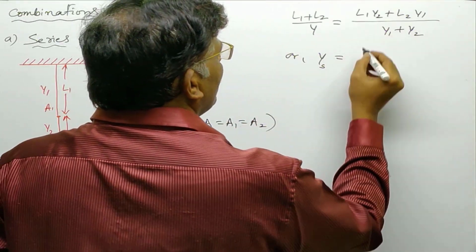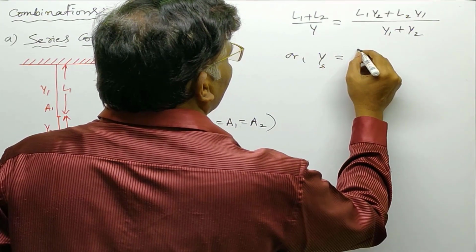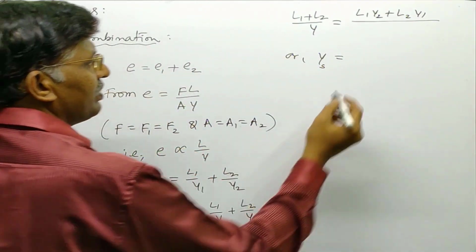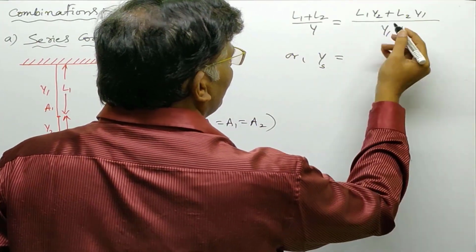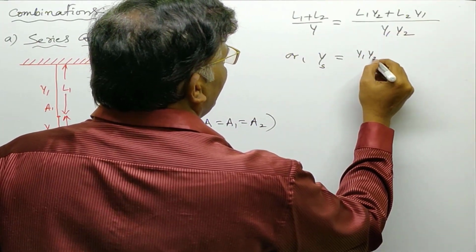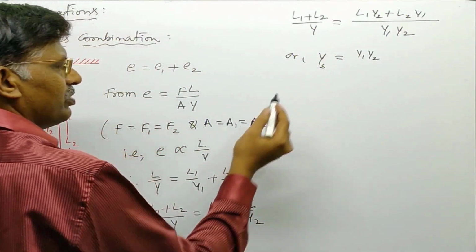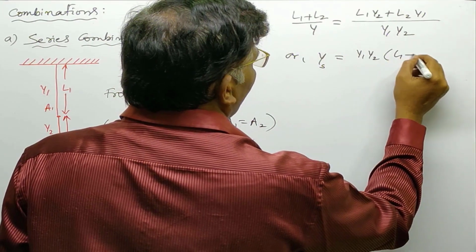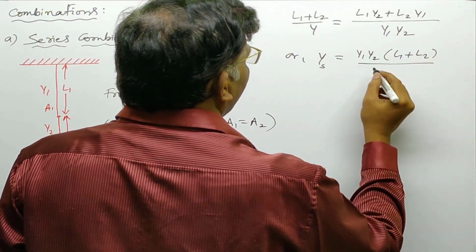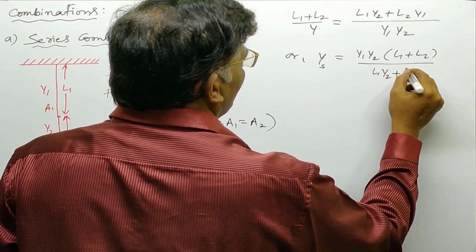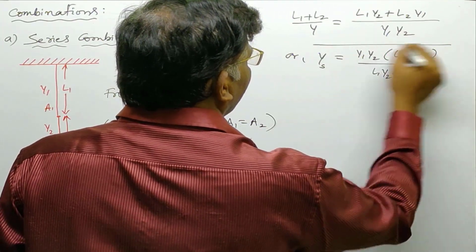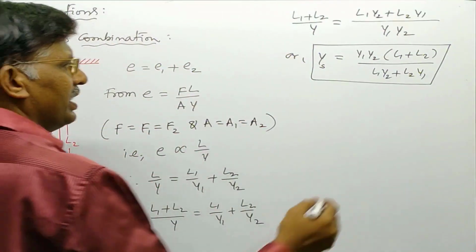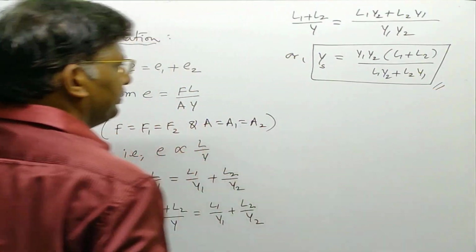Effective Y is equal to, see, LCM here is Y1 Y2, not Y1 plus Y2. So therefore Ys, that is the effective Young's modulus in series combination, can be written as Y1 Y2 into (L1 plus L2) divided by (L1 Y2 plus L2 Y1). This is the effective Young's modulus of the combination in series combination.